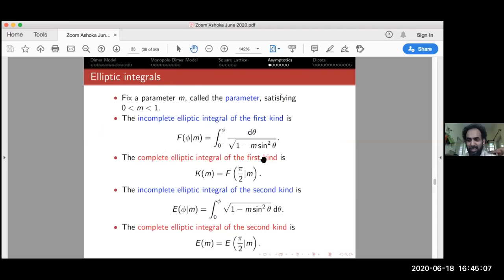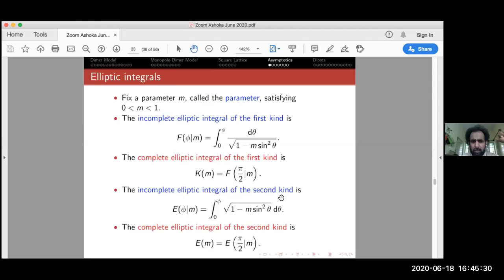Before that, I want to recall quickly what an elliptic integral is. An integral like this, and these are classical objects. If you take this parameter phi to be pi by 2, then you get the complete elliptic integral denoted K of m. By the way, this m is literally called the parameter in this terminology, and it's taken to be between 0 and 1.